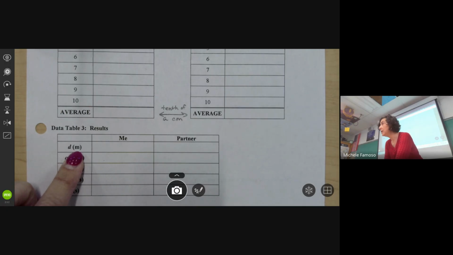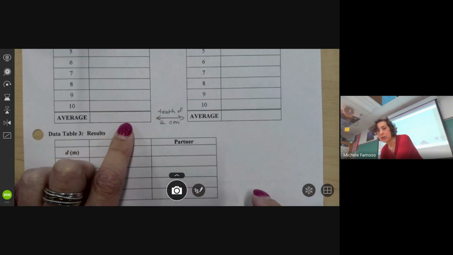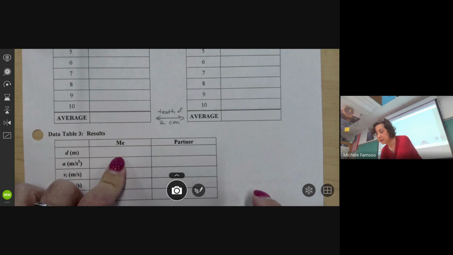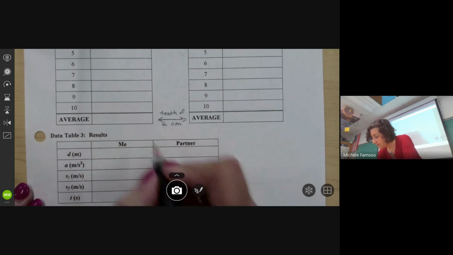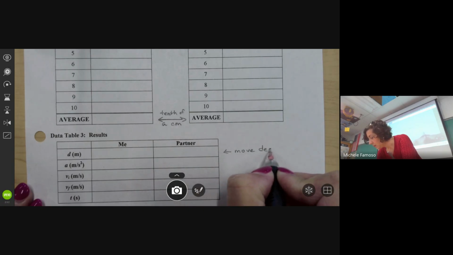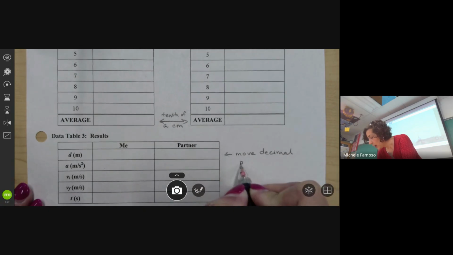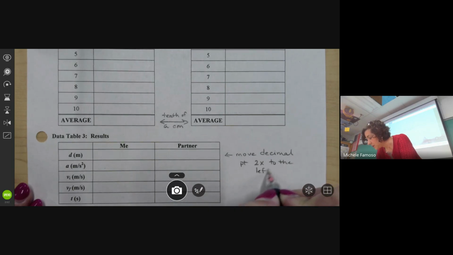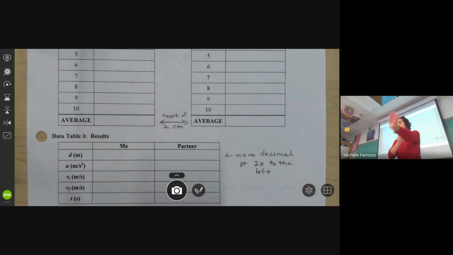Now they're in meters. To go from an average in centimeters to a displacement in meters, you're going to move the decimal point 2 times to the left. So let me give you an example. I'm just going to do an example so you understand what I mean.